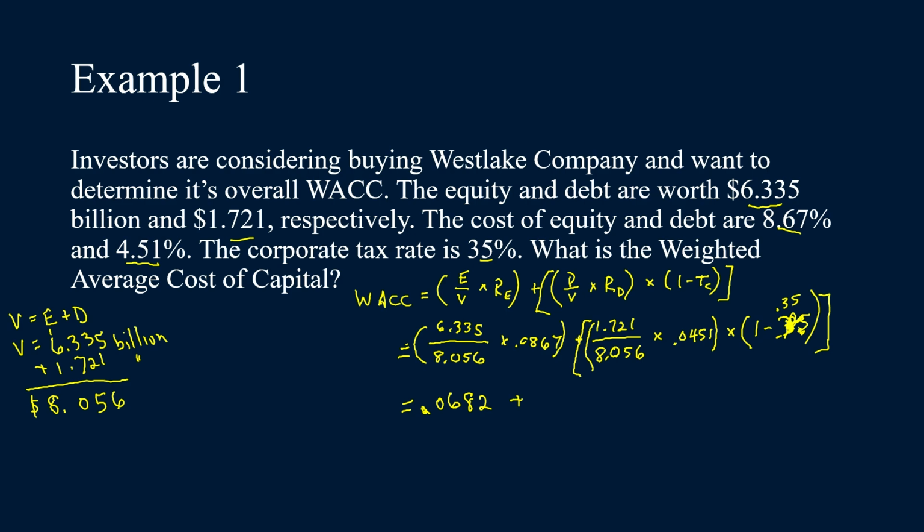And then we're going to calculate for the debt. So that's 1.721 divided by 8.056 times 0.0451. And that's going to be 0.0096. And then we're going to multiply that by 1 minus 0.35, which is 0.65.